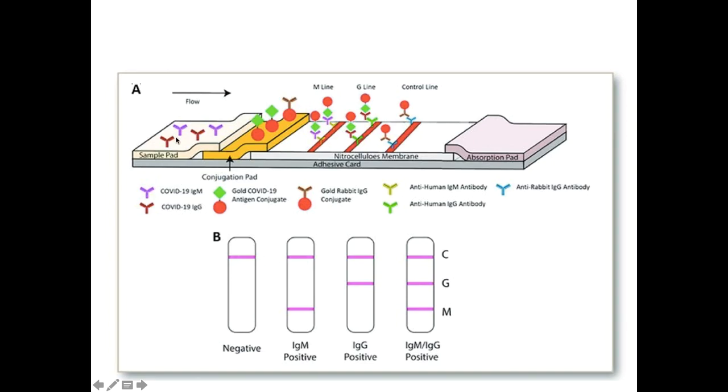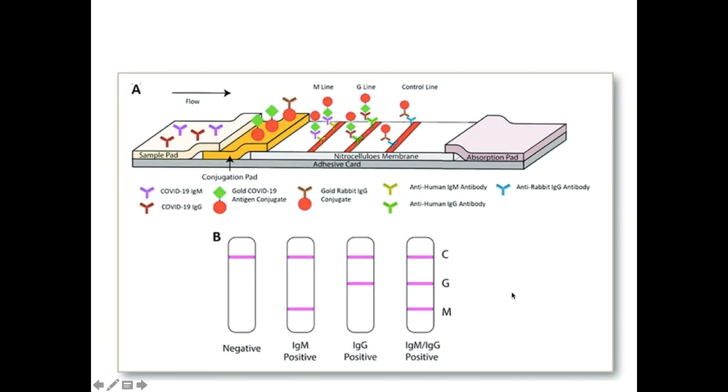When the sample is put here, the absorption pad sucks the blood sample, the serum sample, along the length of the nitrocellulose membrane. If the patient has IgG or IgM, along the way they attach to the specific antibodies embedded in their respective lines, and then give us the result.